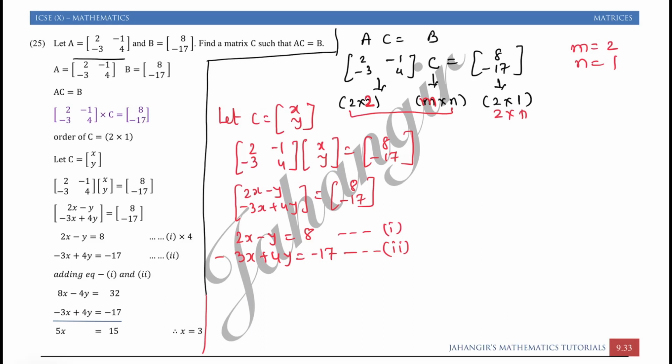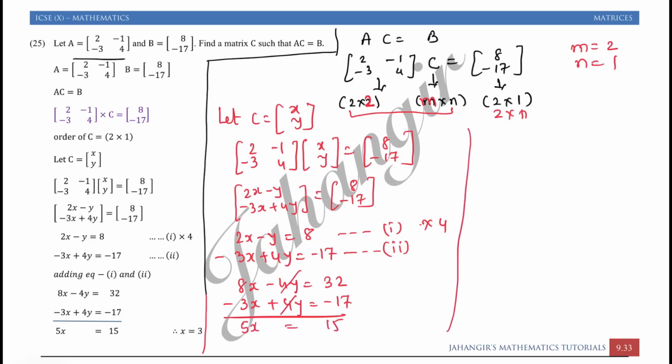So now we will make y equal. So this I will multiply by 4. So 4 8s are 8x minus 4y is equal to 32, and minus 3x plus 4y is equal to minus 17. So solving these two, you will get 5x is equal to 15. So x is equal to 15 by 5, that is 3.